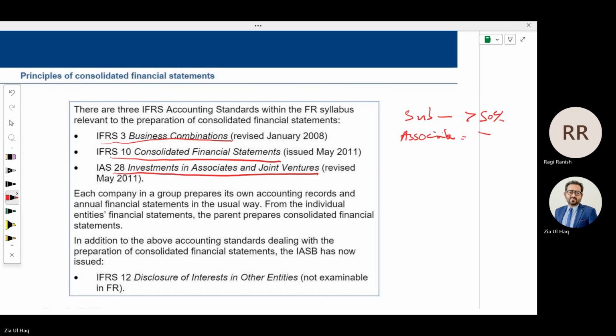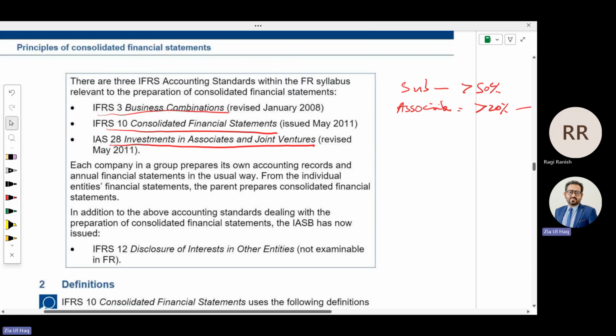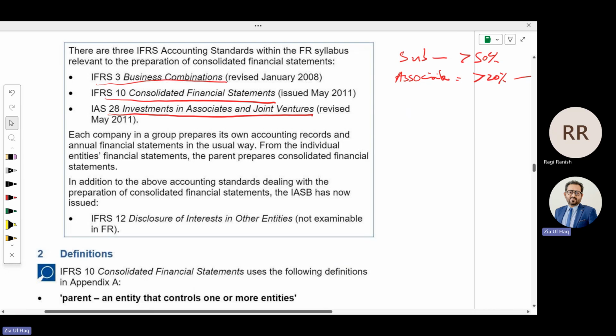Investment greater than 20% but less than 50%, meaning between 20 and 50. If less than 20, nothing. If investment is between 20 and 50, that will be called an associate. If investment is more than 50, that will be a subsidiary. We will learn associates in a separate chapter.